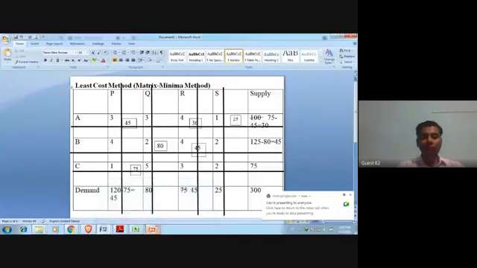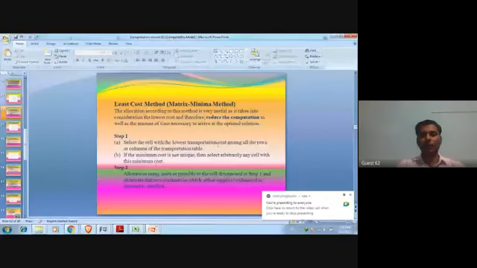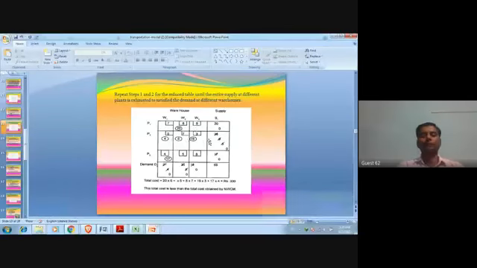Now let us see one more example with this LCM method. We will try to solve it. Here a table is given in which 7, 6, 9. If you remember, I told you the NWCM method.